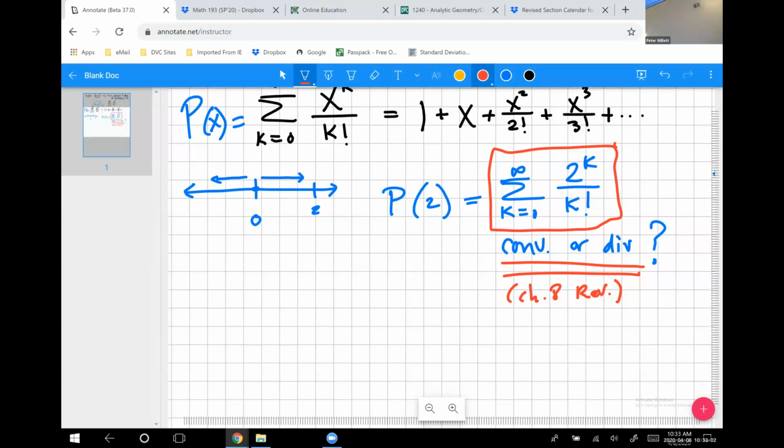When you have a factorial in there, you can't really use the integral test because you're not going to have a continuous function with a factorial in it that you can integrate. You don't want to use the root test because it doesn't even make sense with factorials. So the ratio test is probably our go-to test.